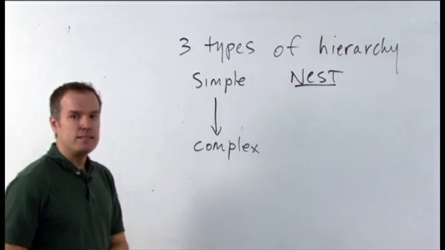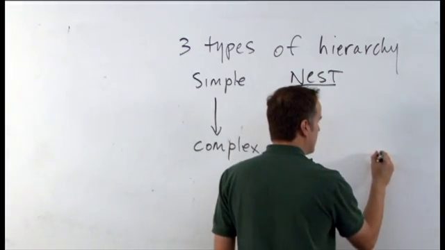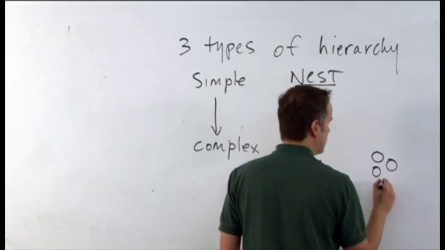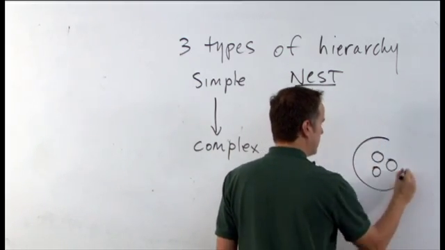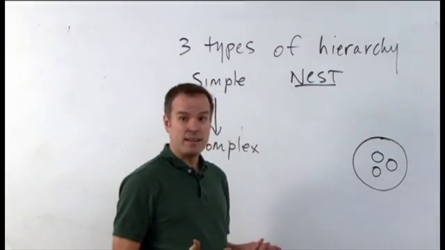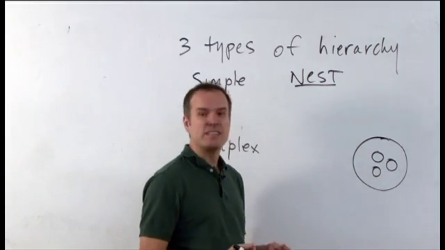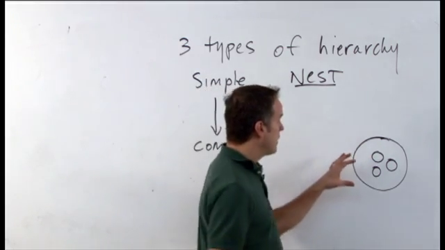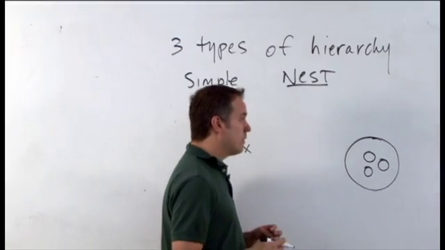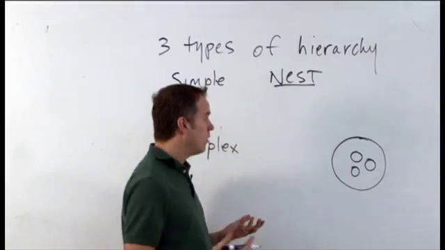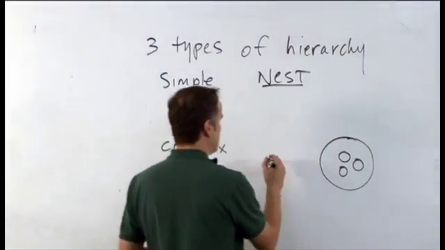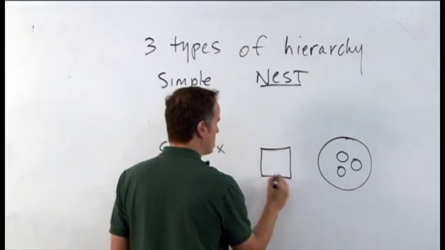A nest is taking elements and literally nesting them inside another element. It's like little birds' eggs. Nests, the most basic form of nest that you've seen all over the place is the block border.